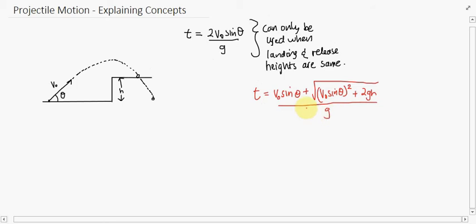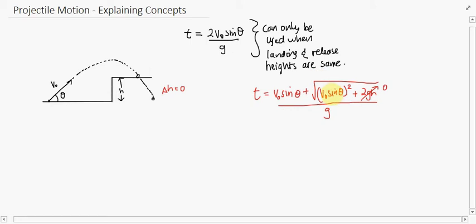You might be surprised to find that I can still use this formula in the case where release and landing heights are the same. It just simplifies to the other one. In that case the change in height is 0, so this delta h term goes to 0.